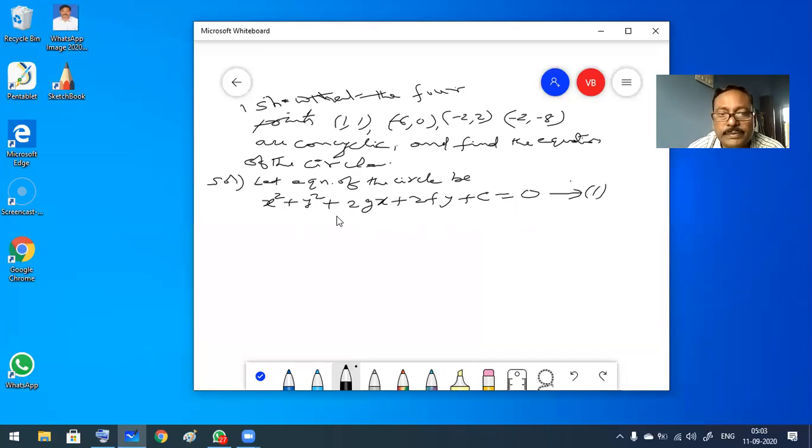Next, if the circle passes through (1, 1), we can substitute 1, 1 in this equation. That means x is equal to 1 and y is equal to 1.